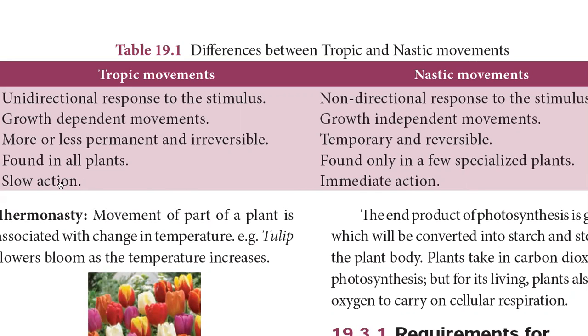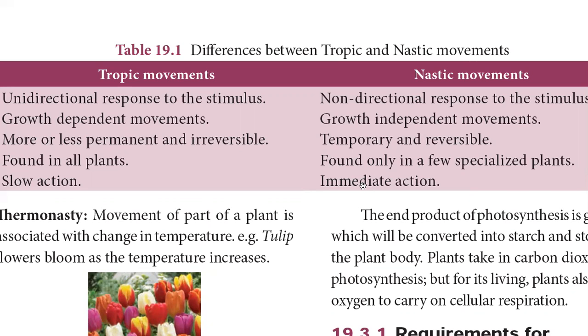Tropic movement is a slow action, not sudden; it cannot grow very fast. It is a little late, and gradually growth movement happens. Nastic movement is an immediate action, as in the touch-me-not plant and the Venus flytrap.